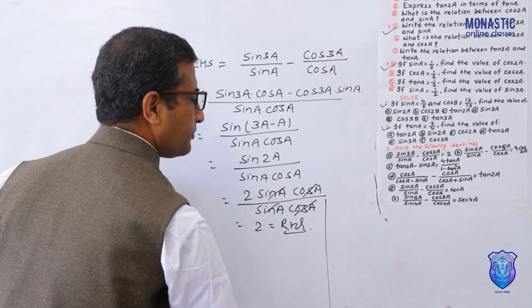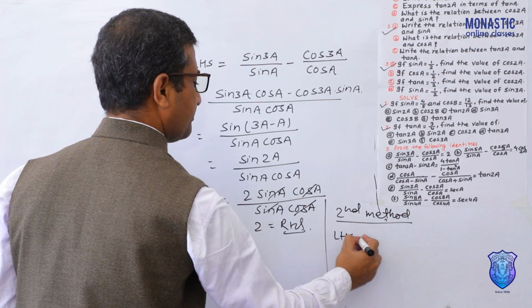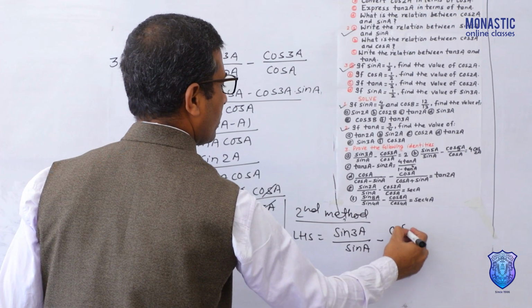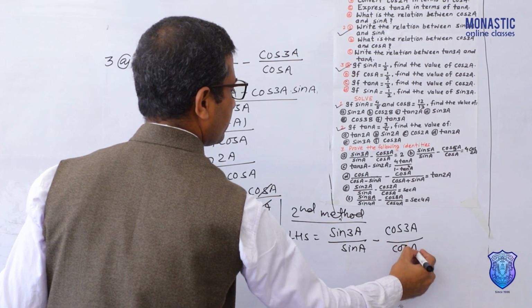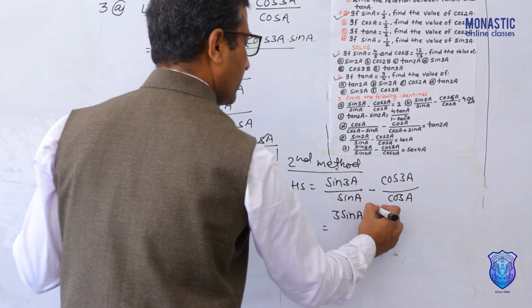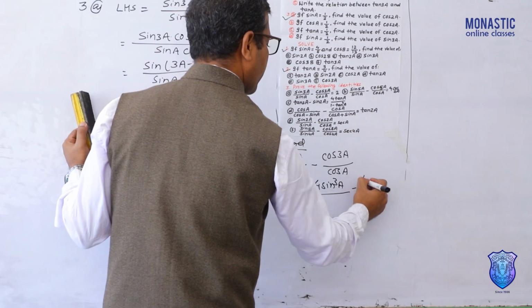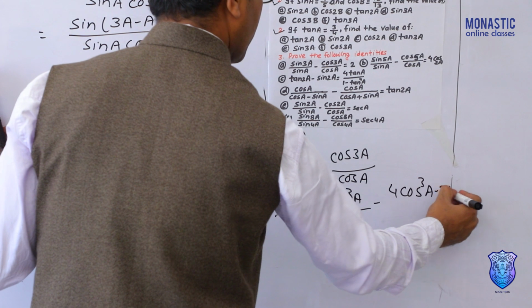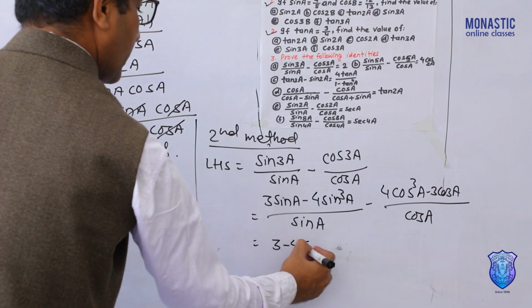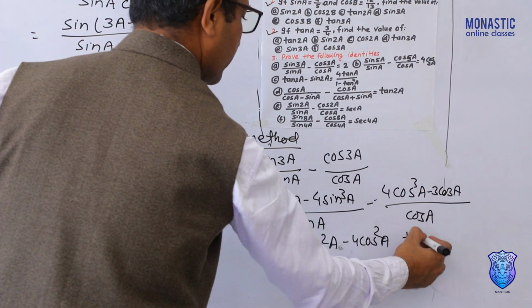For the second method, LHS, sin 3A by sin A minus cos 3A by cos A. Write the formula of sin 3A: 3 sin A minus 4 sin cube A by sin A. Here, minus 4 cos cube A minus 3 cos A by cos A. Do the division. 3 minus 4 sin square A minus 4 cos square A, and minus minus plus 3.